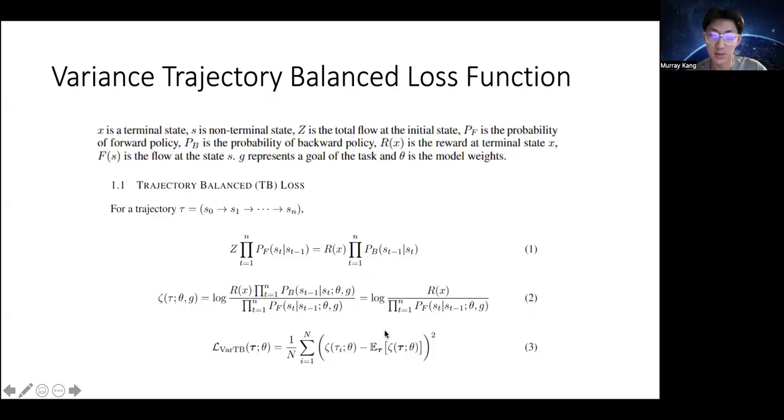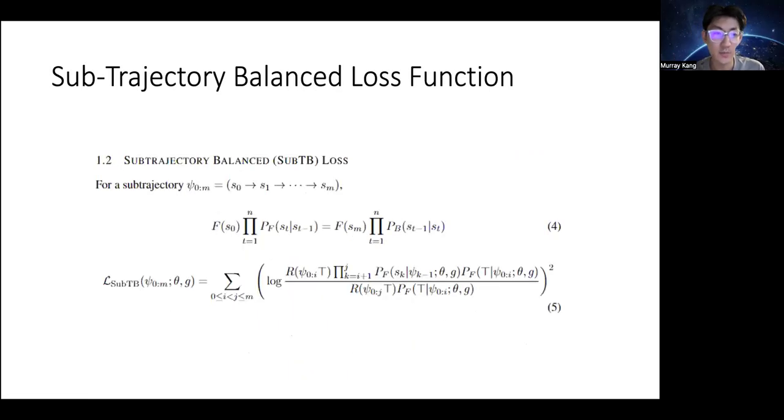Okay, so this is the variance trajectory balance loss. Okay, and then the sub trajectory balance loss is simpler. So we suppose we have a sub trajectory from S0 to Sm, so m is some non-terminal state along this trajectory.